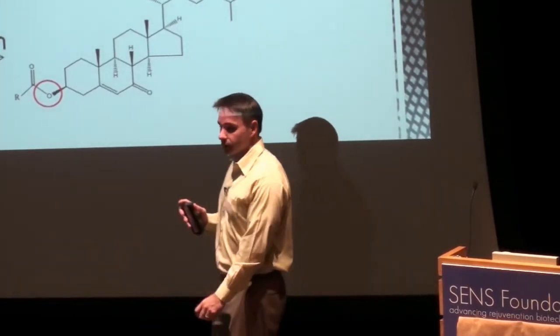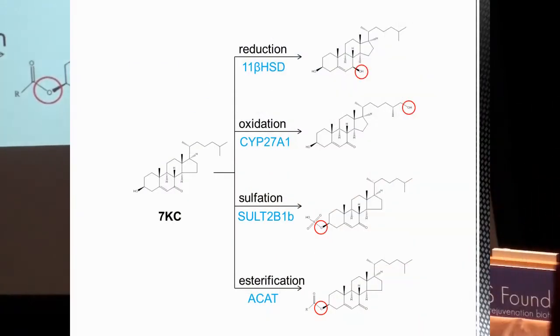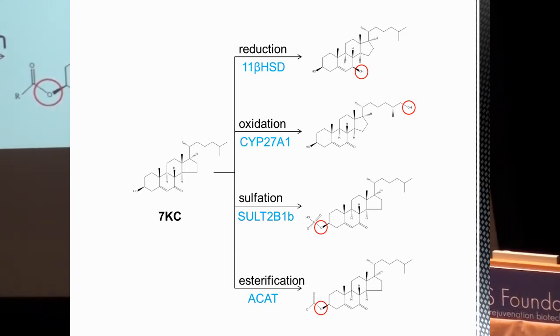So being such a toxic molecule, surely the human body has some way of dealing with it. In fact, we do. There are several enzymes that are known to be active against 7-ketocholesterol. This first one, 11-beta-hydroxysteroid dehydrogenase, can interact with 7-ketocholesterol to form 7-beta-hydroxycholesterol.